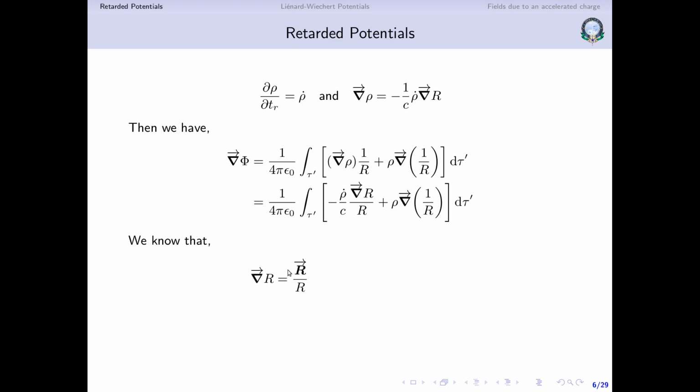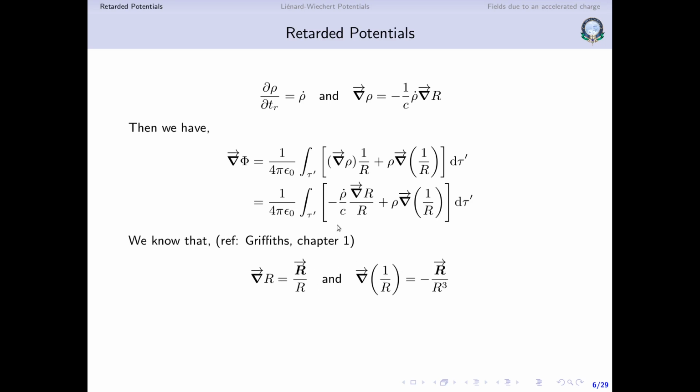Then, of course, the gradient of R is the position vector R divided by the magnitude of that position vector, that is R-cap, and the gradient of 1/R is simply minus R-vector by R cubed, or minus R-cap by R squared. These are two very popular results from the first chapter of Griffiths, so you can go through the part on vector calculus and you will see that these two results are indeed correct.